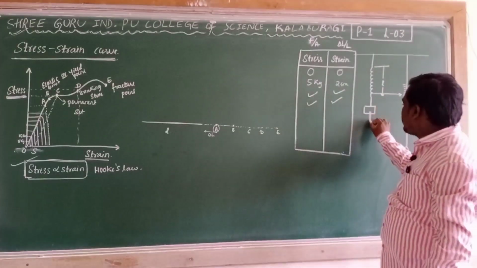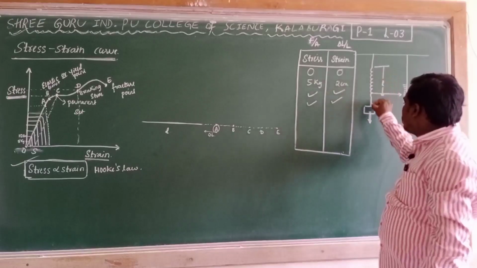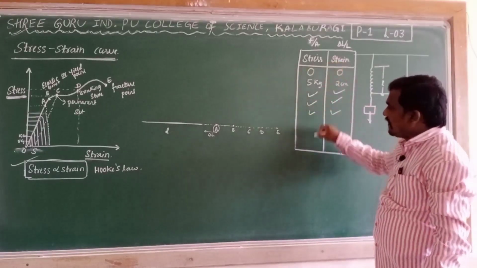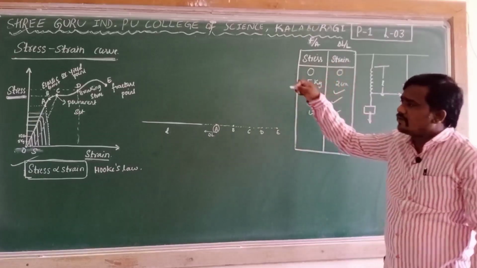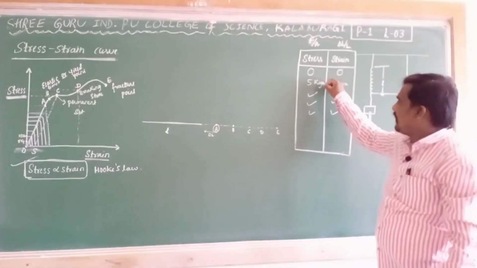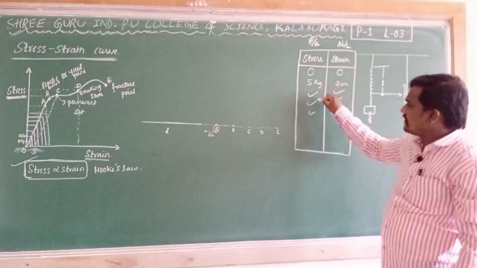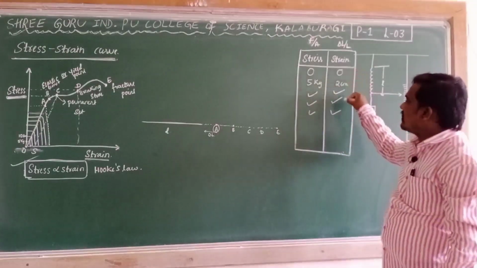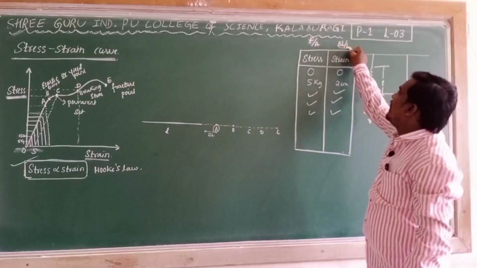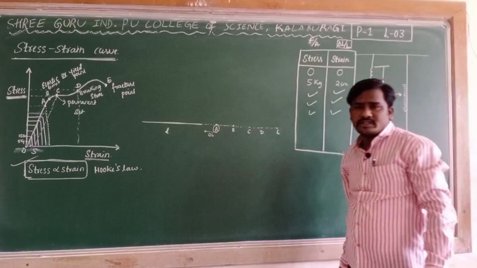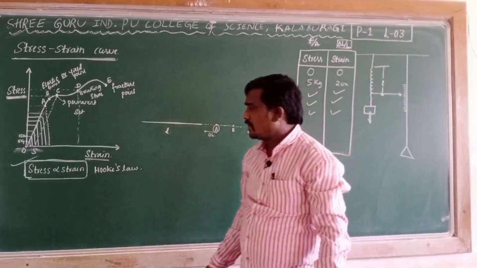Continuously we apply a force on this, and the length goes on increasing. In tabular form, we mention the values 5 kg, 10 kg, 20 kg, 100 kg. We are increasing the force, and again we are seeing the change in length with respect to original length using this stress strain curve.